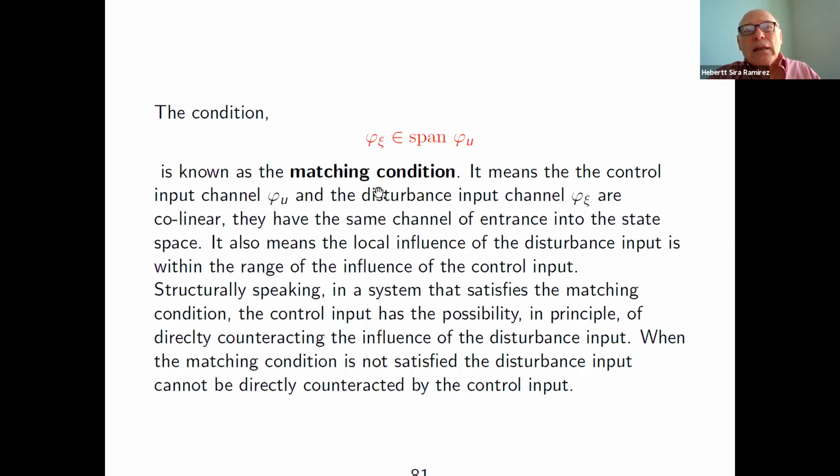As you can see, from all the freedom that the disturbance has for acting, this is quite restrictive, because what we're demanding for that matching to happen is that of all the possible directions that the disturbance has in order to act, it has to align itself, has to lie along the same route that the control is trying to pursue.